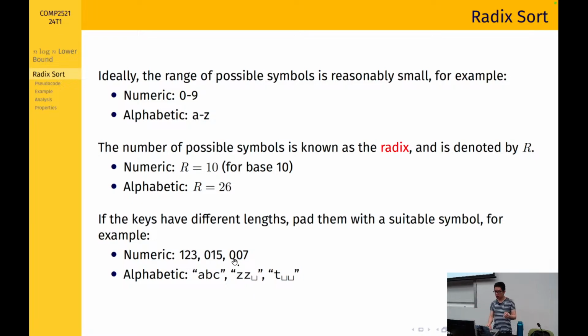So with the alphabetic keys, you will end up increasing the radix by 1, but that's fine because it's just 1 extra. So it's just a constant, right? So it is fine. Instead of R equals 26, you end up with R equals 27. That's just an extra constant.